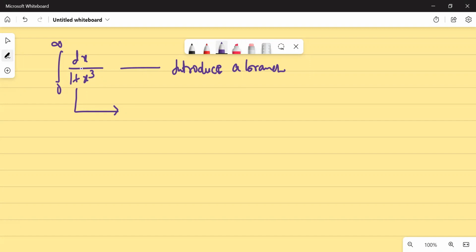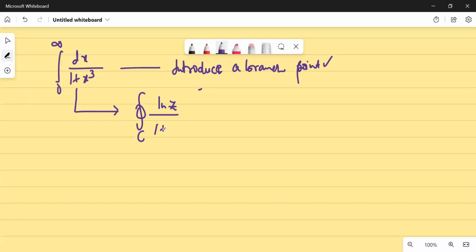Now here is a very bizarre kind of strategy that I'm going to set for you. You will have to keep patience for a while to understand why I'm doing so, and you'll be surprised to know that I will end up getting the answer to this particular problem by doing an integration of this type.